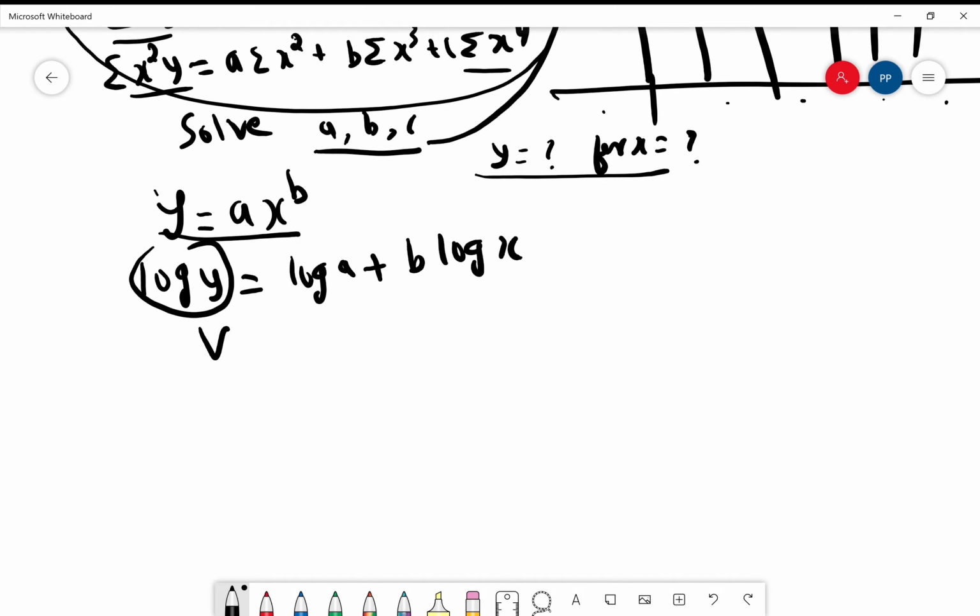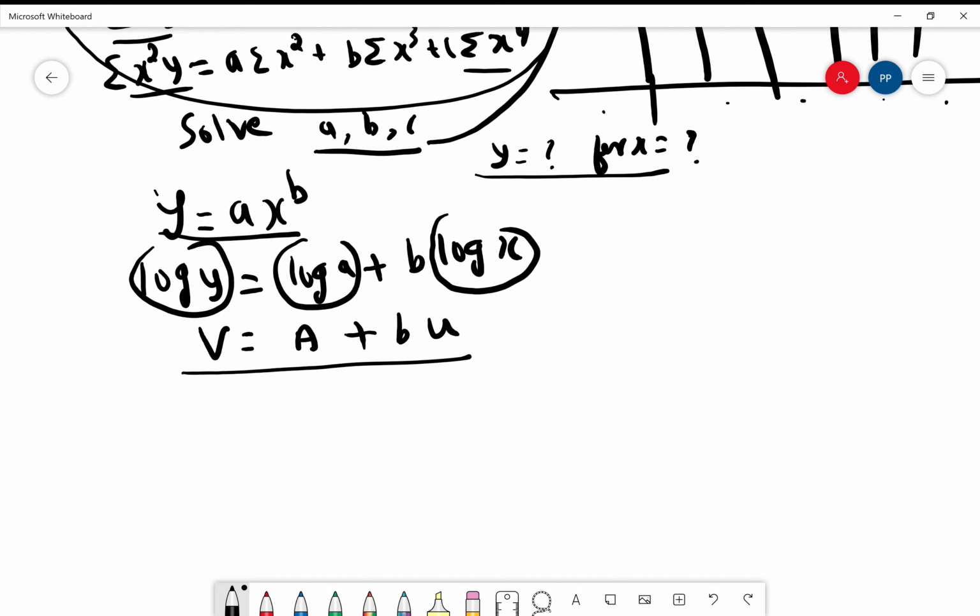Normally we take log y as capital V, log a as capital A, and log x as capital U, or you can take capital Y and capital X, and you are getting this equation v equals a plus b into u.